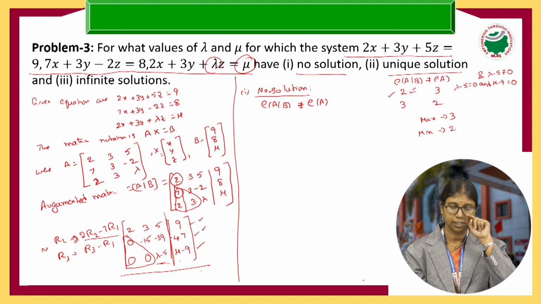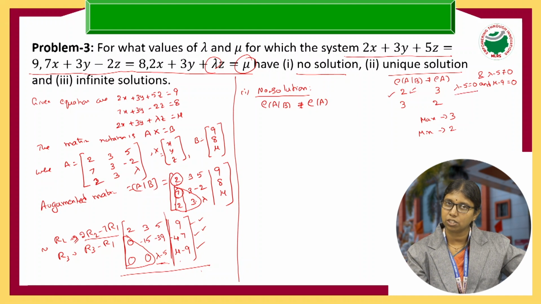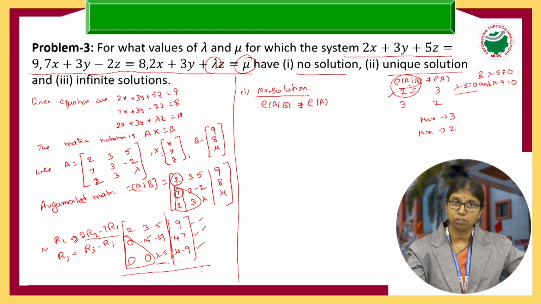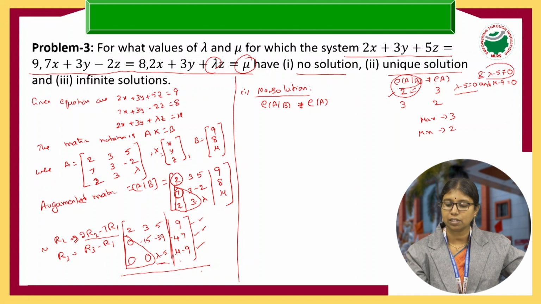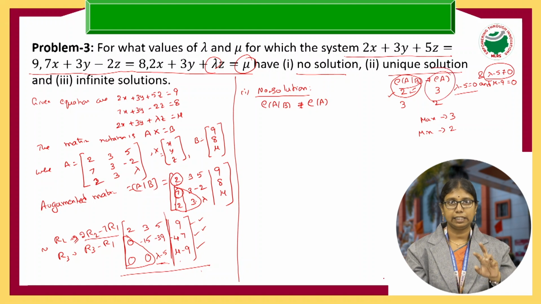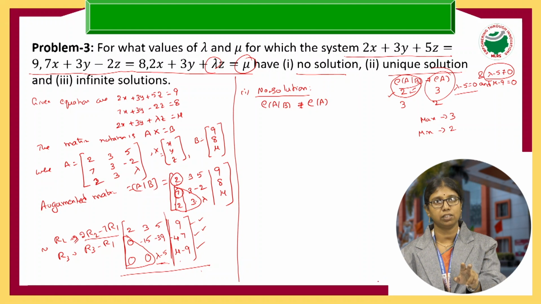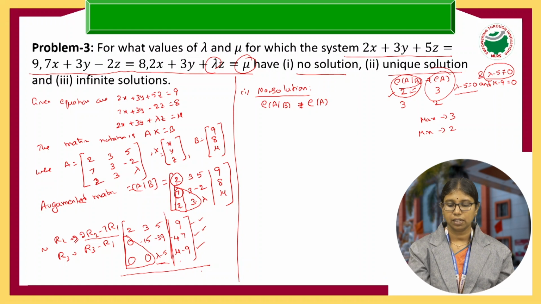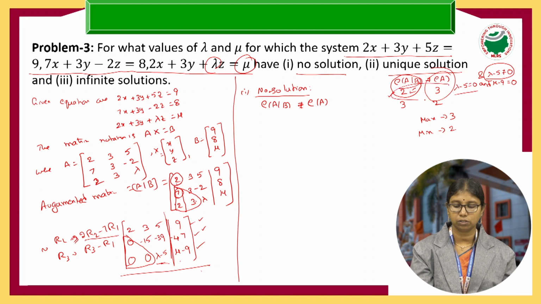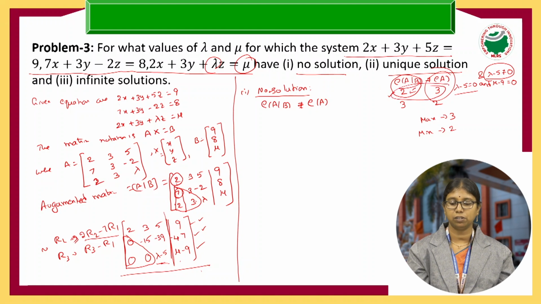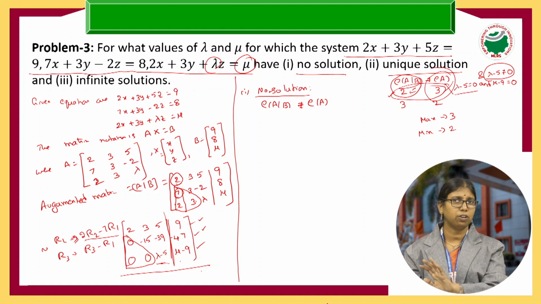We are saying that lambda minus 5 equal to 0 for the case of rank of A given B as 2, and again you are saying that lambda minus 5 is not equal to 0 to get the rank of A as 3. At a time, it is not possible that lambda is 5 and lambda is not equal to 5. That means rank of A equal to 3 and rank of A given B equal to 2 fails. We are getting contradiction here. So we can't take that one.